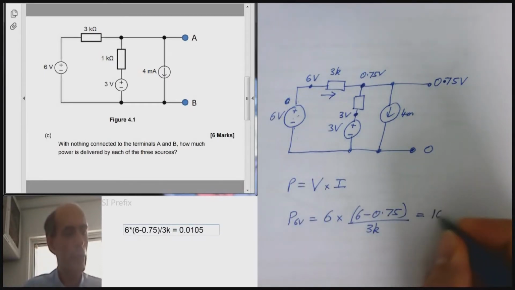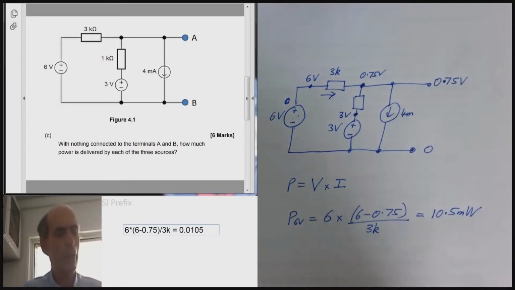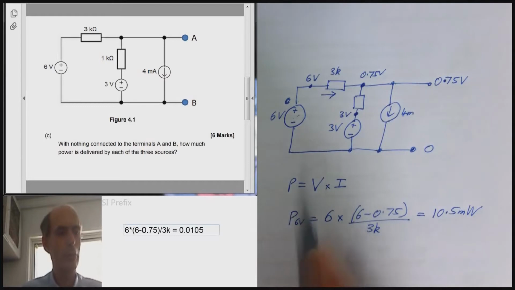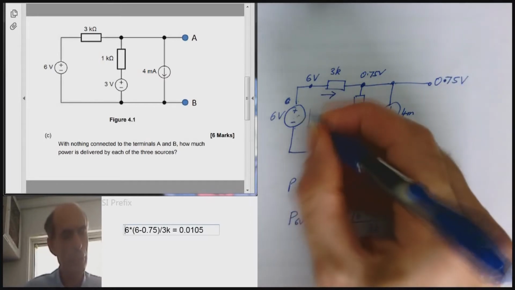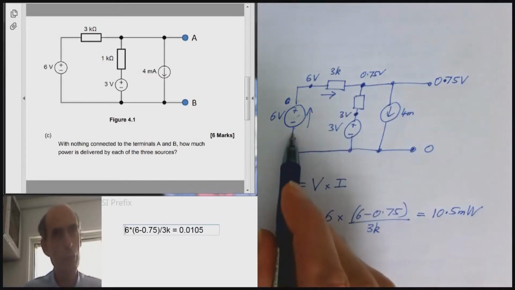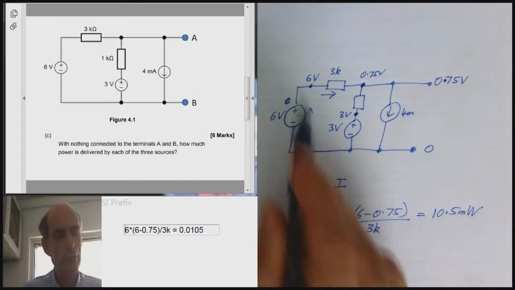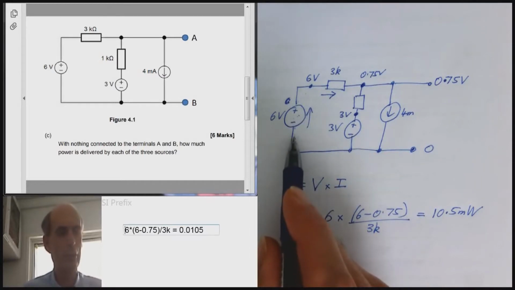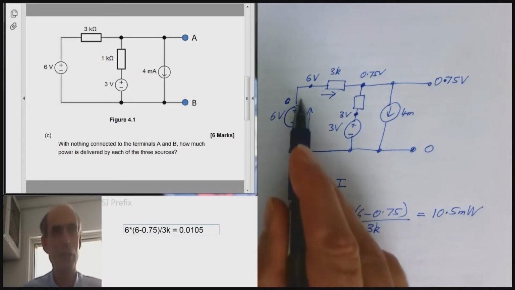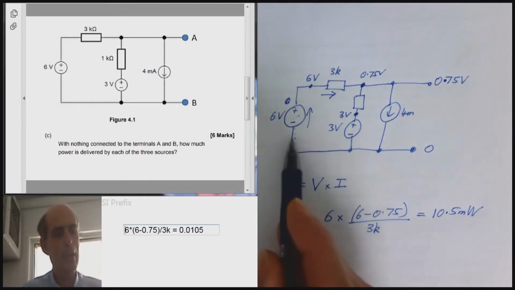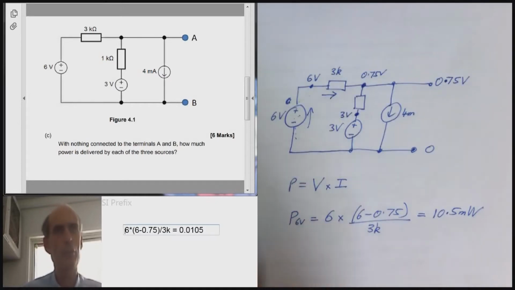That'll be about 10.5 milliwatts. And that's power being introduced into the circuit because the current flowing through this component is going from a lower voltage to a higher voltage. It takes energy to get charge from a lower voltage up to a higher voltage. So you have to input power in this voltage source there.